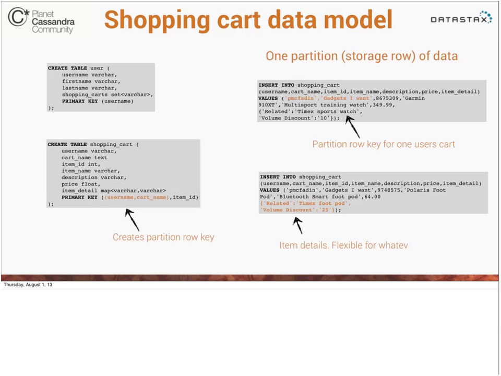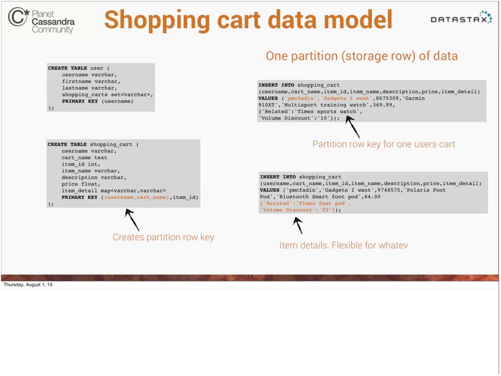Really cool method of gathering random bits of data inside your static model. And that set is going to contain, and I put this example over here on the right, where I have this set that shows all the stuff that I've put in my shopping cart, and I could denormalize that if I wanted to. But in this case, I just put in a bunch of information about my shopping cart.